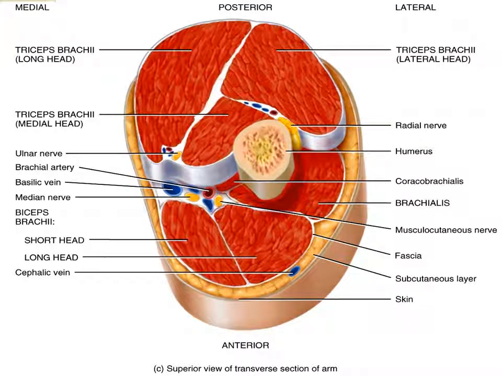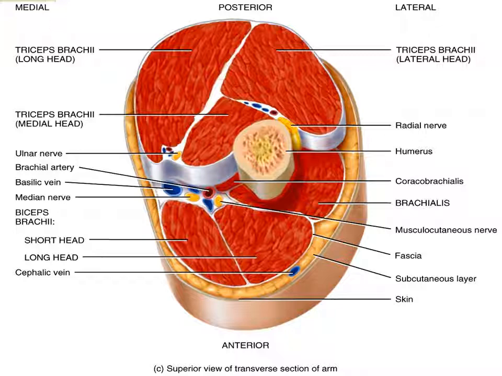Now, if you go back and refer to the diagram in your handouts that shows a cross-section of the upper arm, recall that the radial nerve passes down the arm immediately posterior to the humerus in the posterior compartment of the arm. The ulnar nerve also travels down the arm in the posterior compartment of the arm, but it has a different distribution than does the radial nerve.